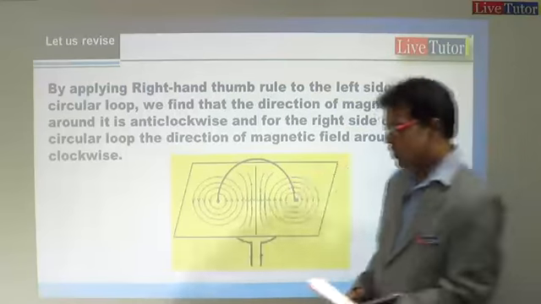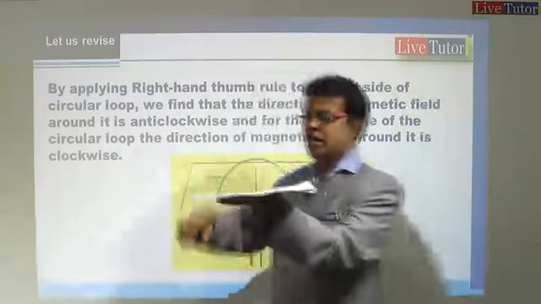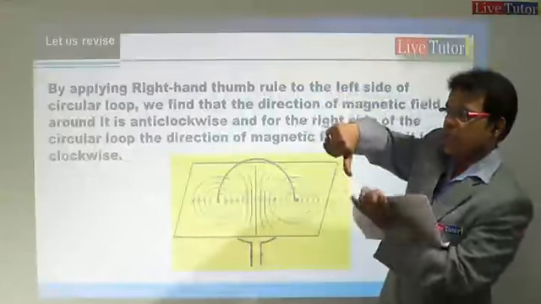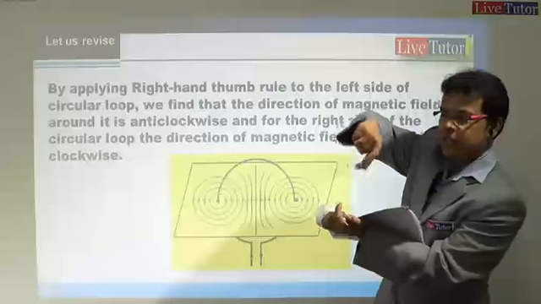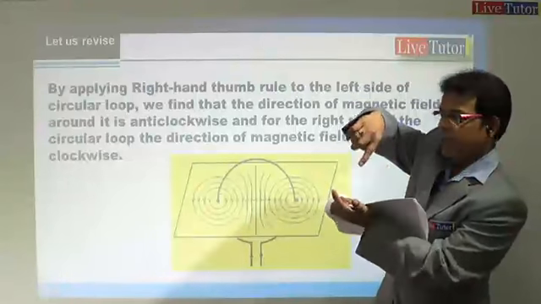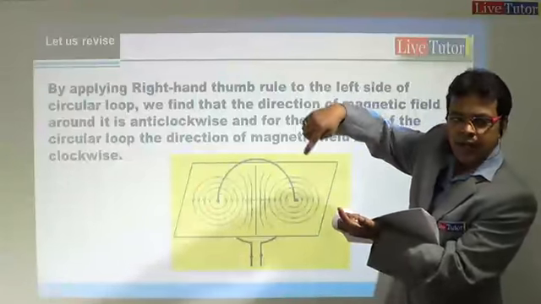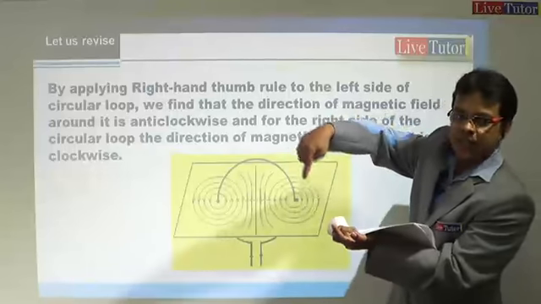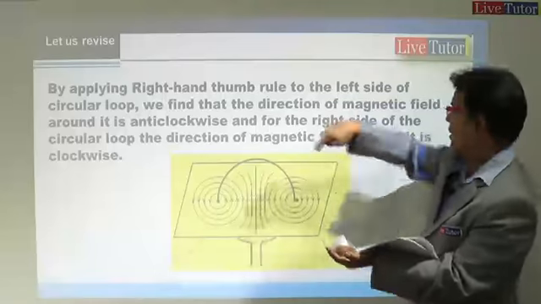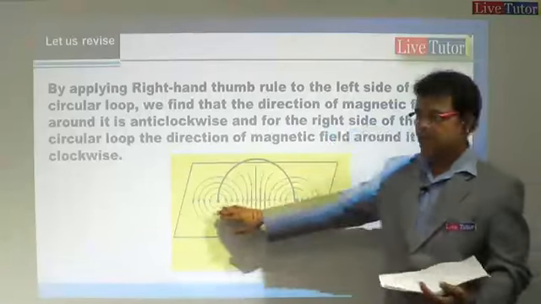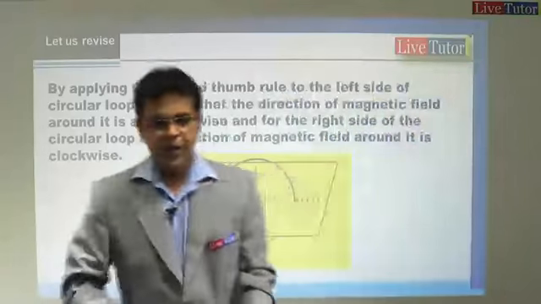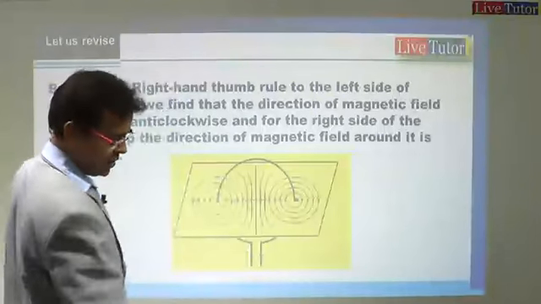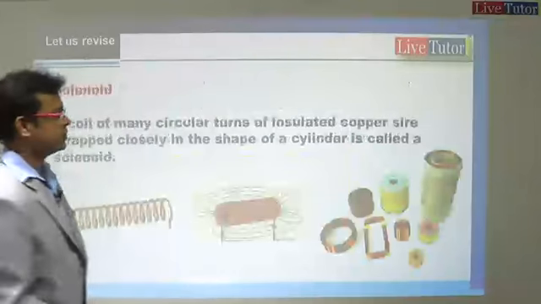Now the thumb is showing the direction of the current, and the curling fingers, all the 4 fingers, are showing the direction of the magnetic field in the clockwise direction. Isn't it? You have to remember that. So here it is clockwise, here it is anti-clockwise. This is one of the questions which is given in your textbook also.